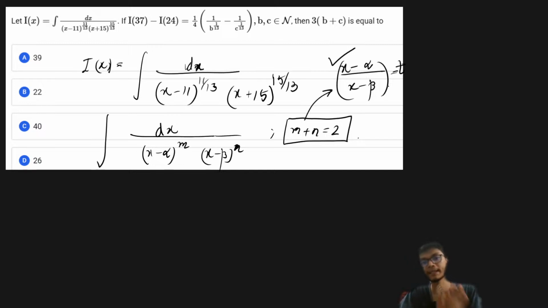If you do this, you will get the benefit. Please try to solve it by yourself. This is the substitution you are going to do.